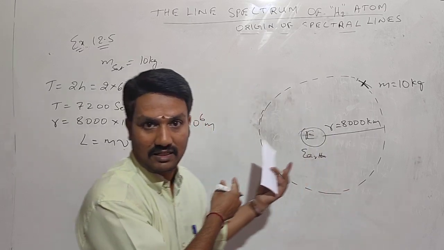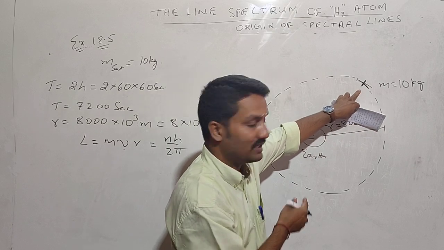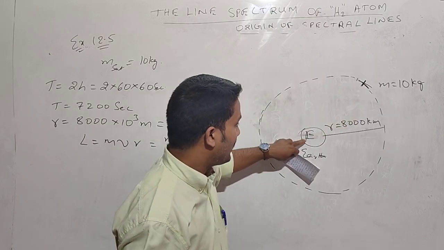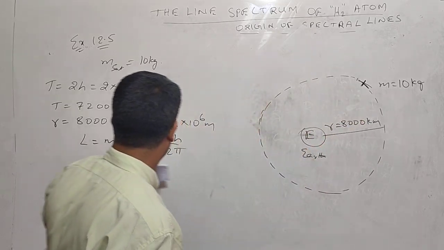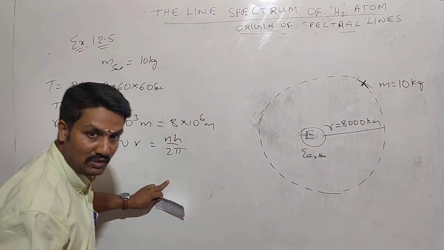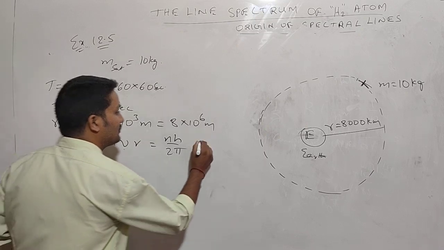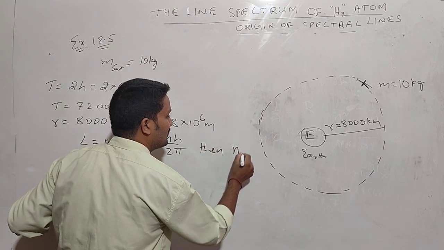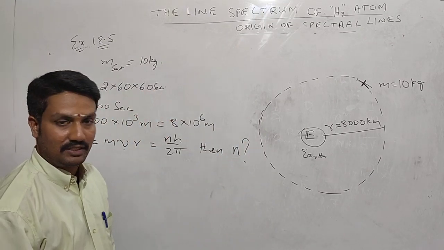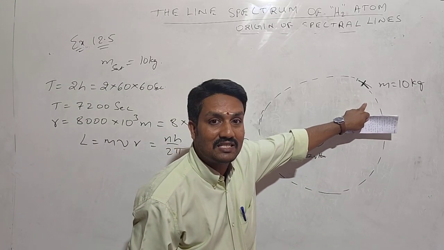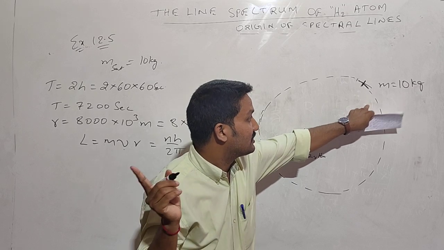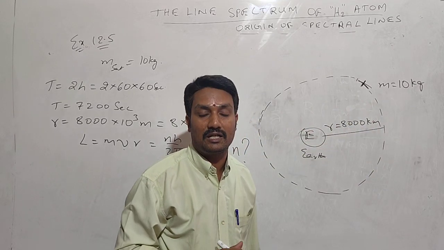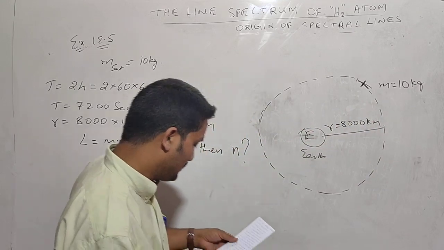The electron is the satellite and the Earth is the nucleus. Then angular momentum L is equal to mvr is equal to nh by 2 pi. He asked for n, the principal quantum number.